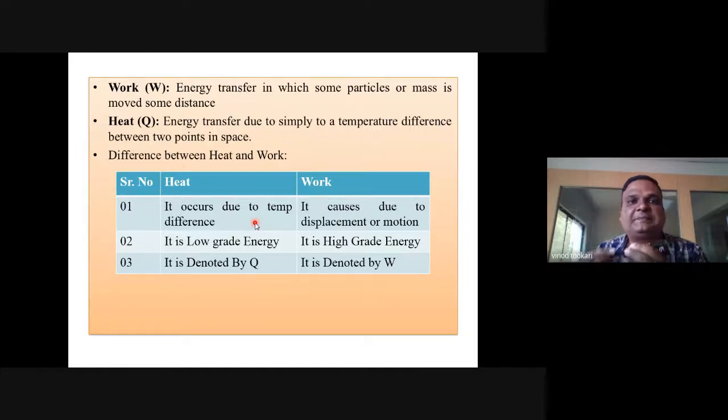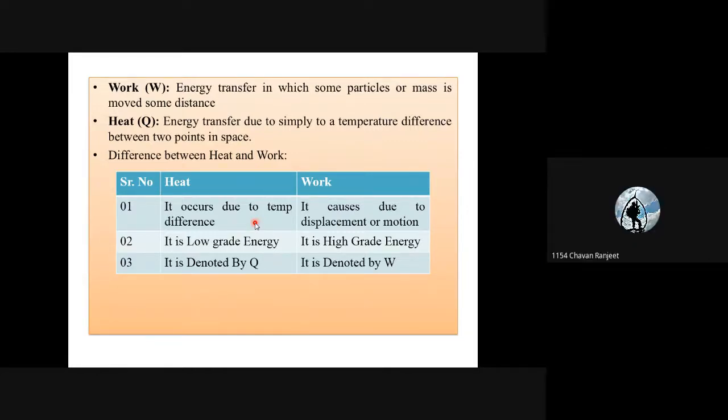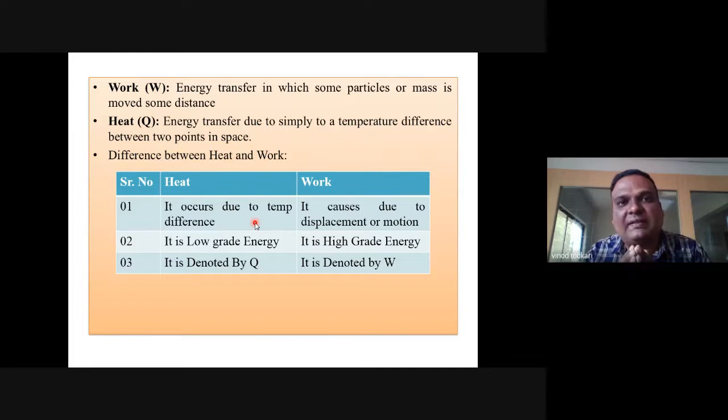Tell me, are you getting it? Yes, sir. Always remember this. This is a very important concept that heat is low grade energy because it is due to disorderly motion of the molecules, and work is high grade energy because it is due to orderly motion of the molecules.